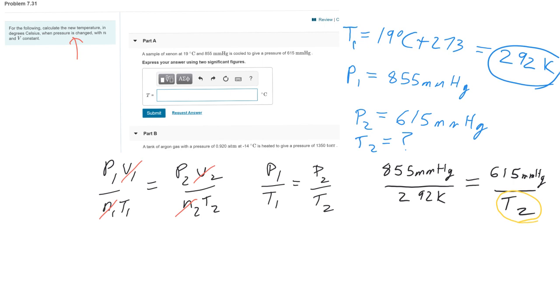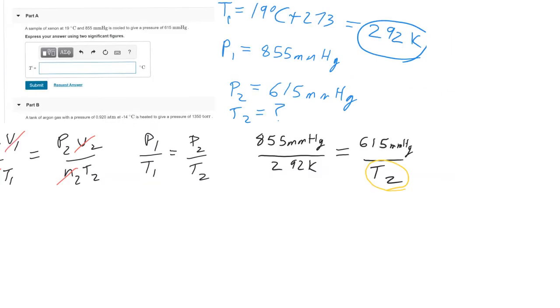Remember, the easiest way to solve one of these is to do crisscross, right? Whatever's on the bottom, you're going to bring up and multiply it by on both sides. So I have to get T2 on top, not as a reciprocal, so I'm going to multiply both sides by T2.